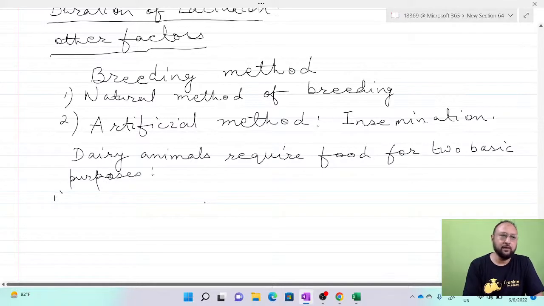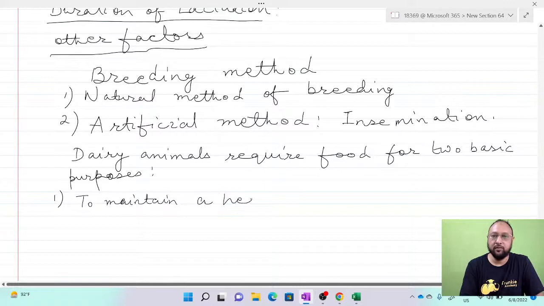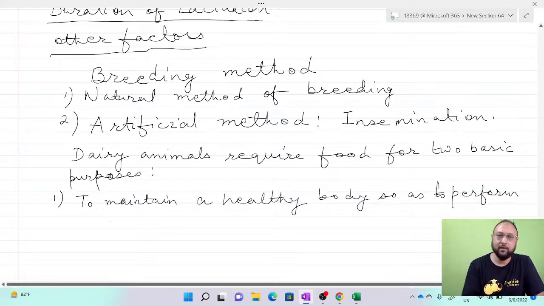Number one is to maintain a healthy body so as to perform all life activities efficiently.